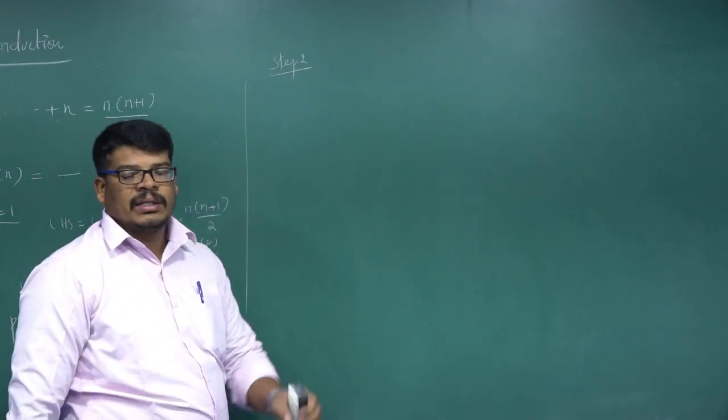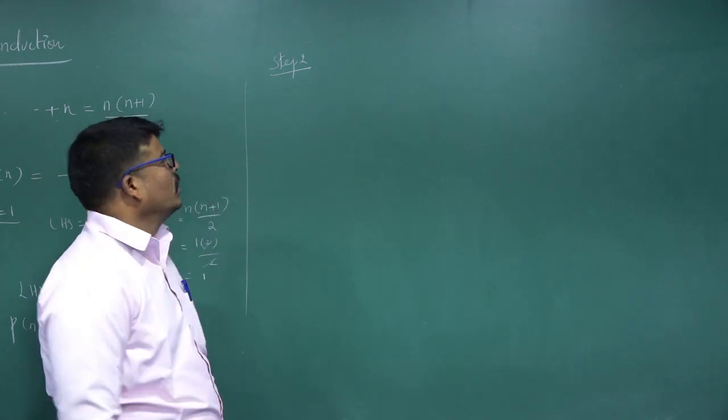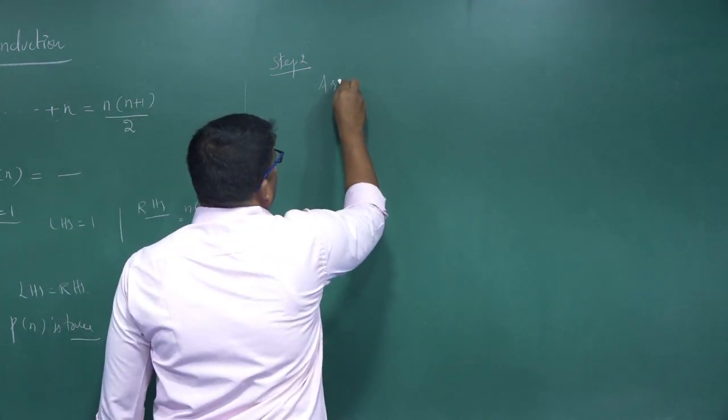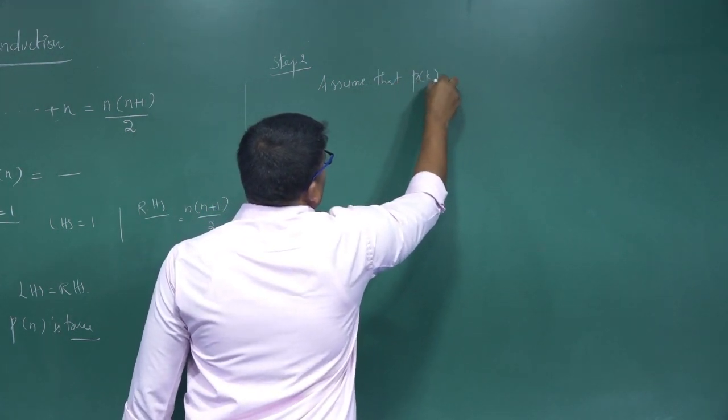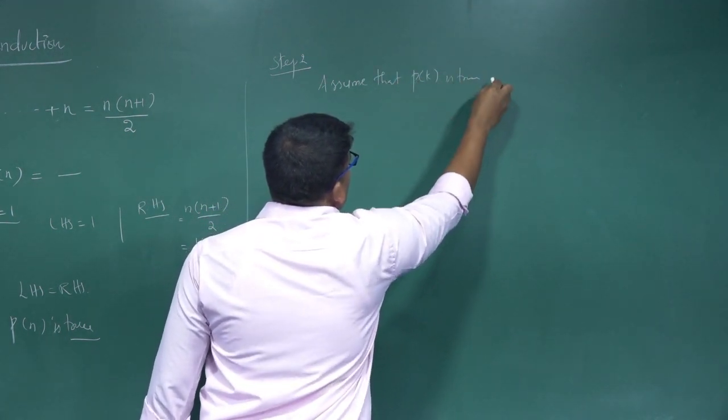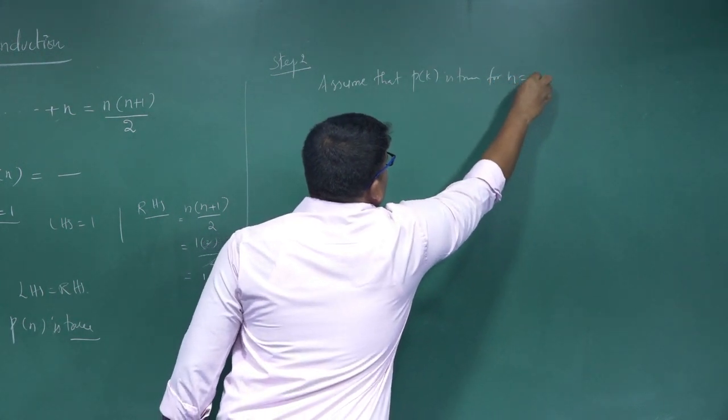assume that P of k is true for n equal to k.